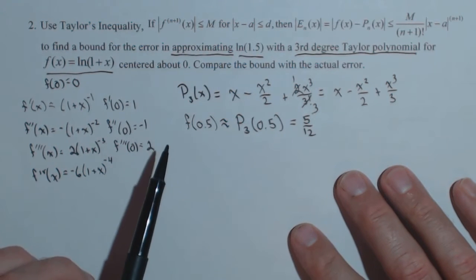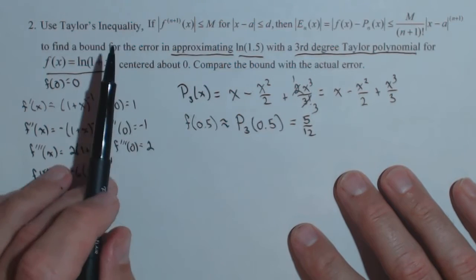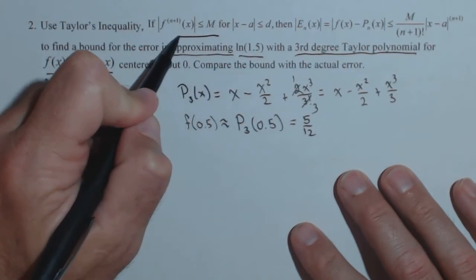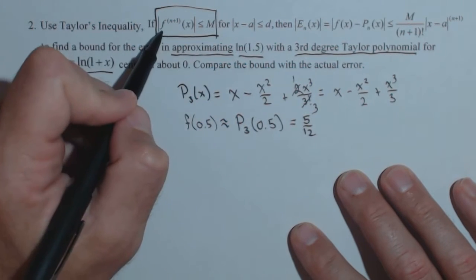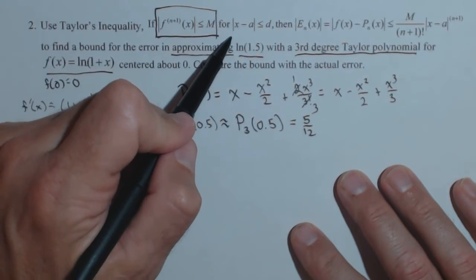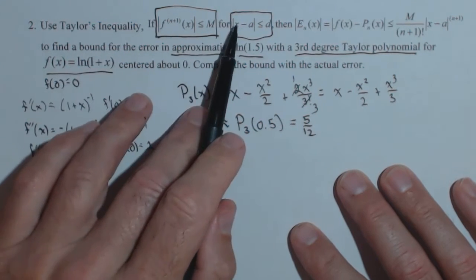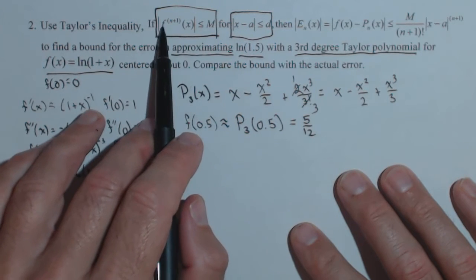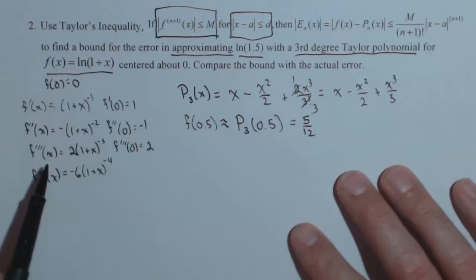Now, we're going to use Taylor's inequality to find the bound on the error. So let's talk about how we do that. First thing we have to do is bound our Taylor polynomial on some interval. So let's see what our values are for these. Well, we know our n plus first derivative.